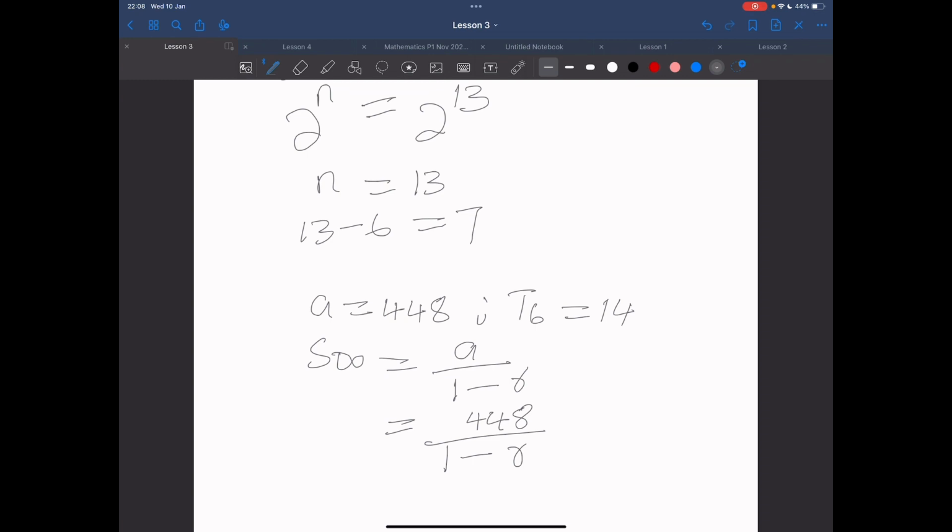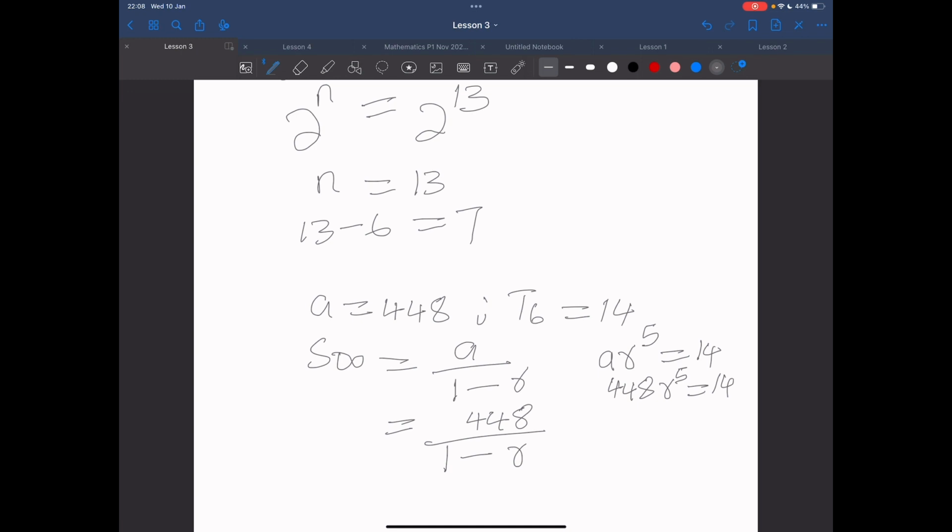If A is 448 and term number 6 is 14, we know that term number 6 is AR exponent 5, which is 14. So if A is 448, R to the power 5 is 14.